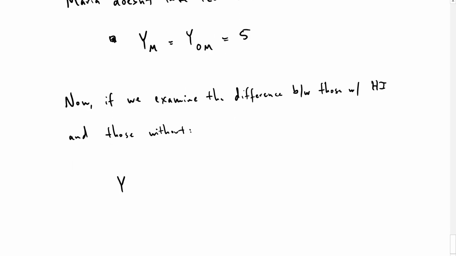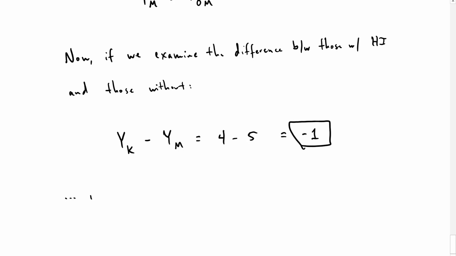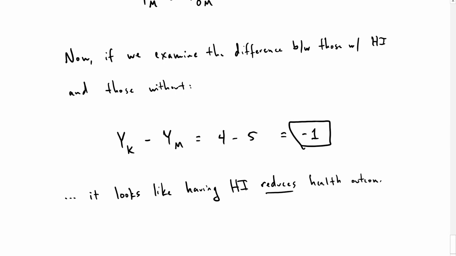Those with health insurance, that's Kuzdar, minus those without health insurance, that's Maria. We get 4 minus 5 for a total of -1. And so actually, it looks like having health insurance reduces health outcomes in this contrived example.